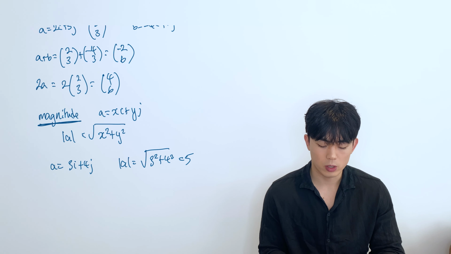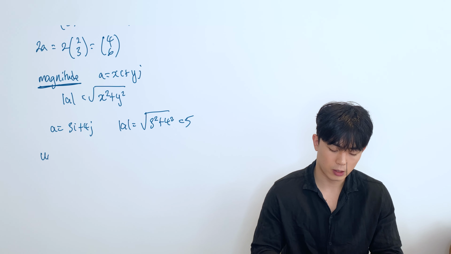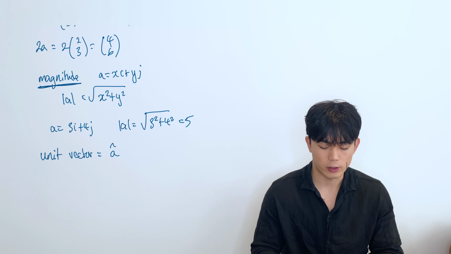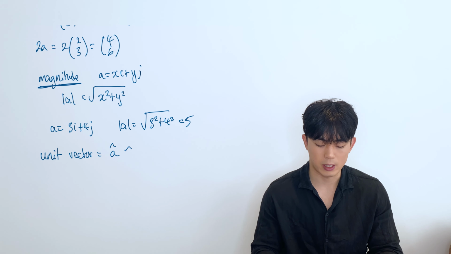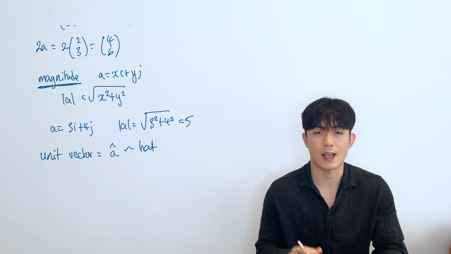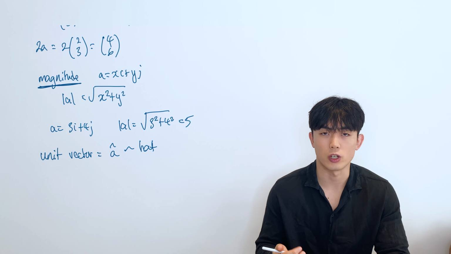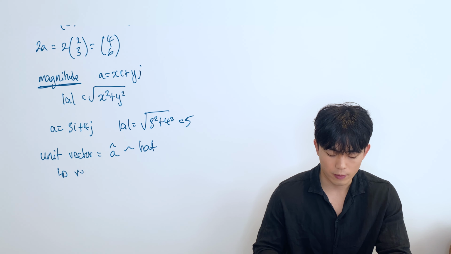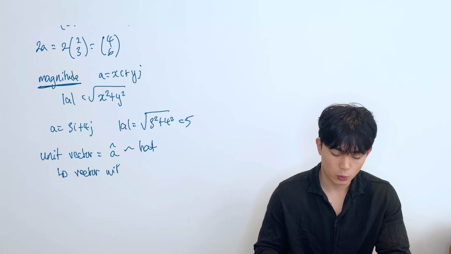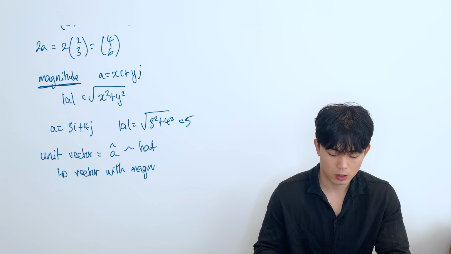From here, we can also find something called a unit vector. And a unit vector is denoted by the notation, this uppercase A with a hat. So you read this as A hat, essentially, and it represents a unit vector. And a unit vector is a vector with magnitude 1.